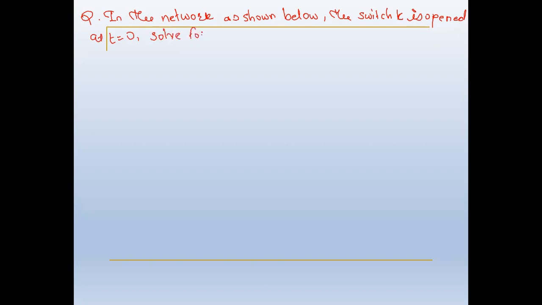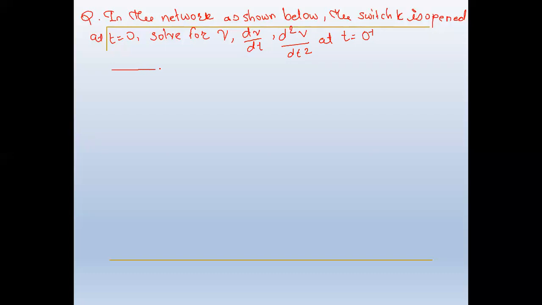Solve for V, dV by dt, d square V by dt square at t is equal to 0 plus.